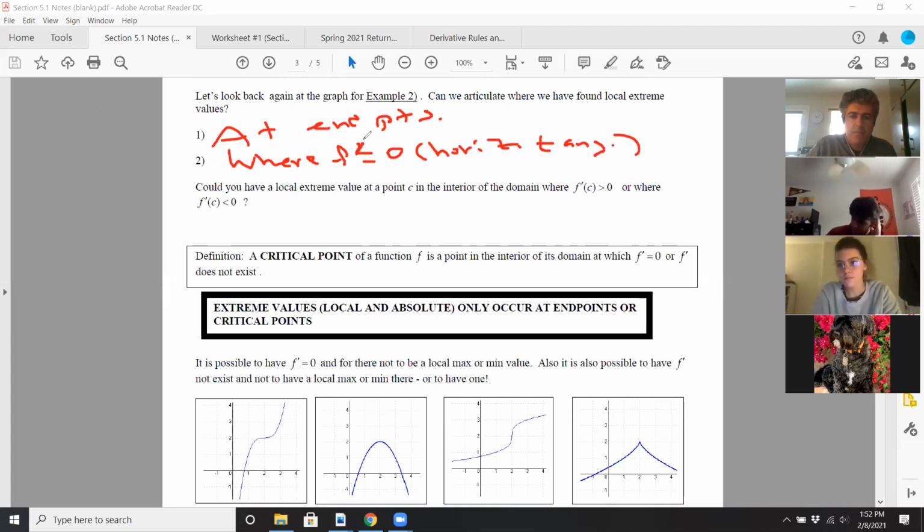So that's f prime, by the way. Or where f prime does not exist. That usually happens when you have like a corner or a cusp. You might remember that stuff before.